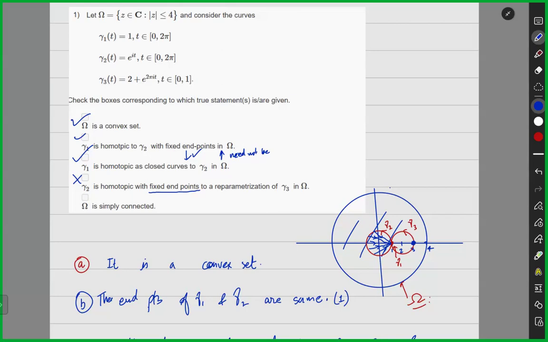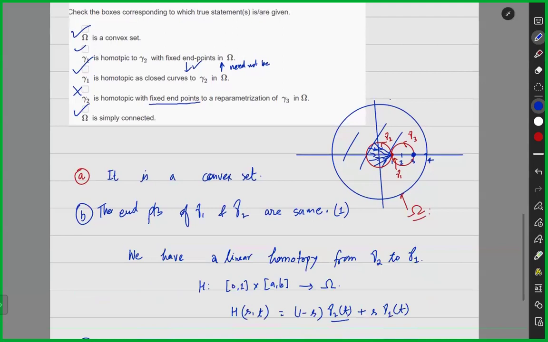So we can say the unit circle is null homotopic. This way, any curve is homotopic to the point, meaning to the gamma 1 constant curve. We can give some linear homotopy in a similar way. So it is simply connected, because any curve is homotopic to gamma 1. A similar homotopy can be given as in B, as here.